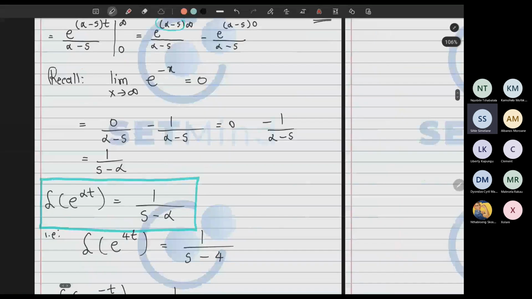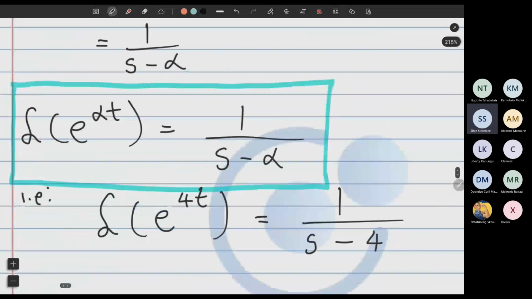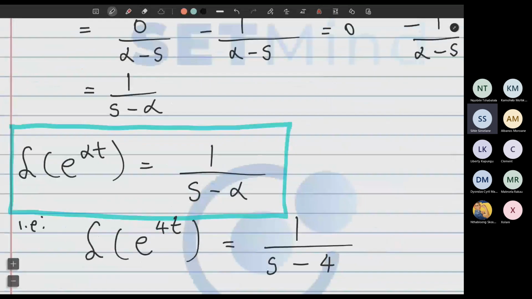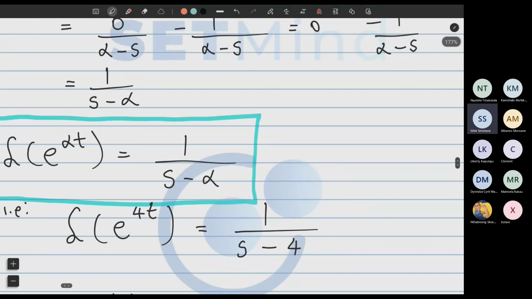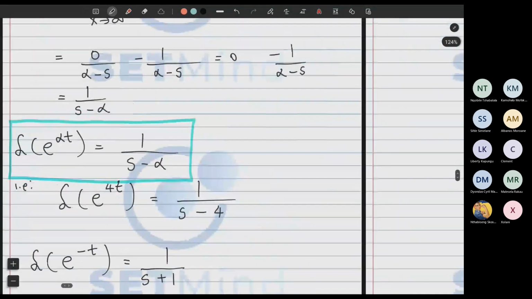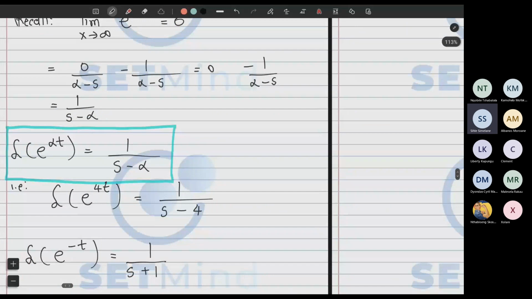So here's the takeaway. This is the first Laplace transform equation, which you should know by heart: the Laplace transform of e to the alpha t is 1 over s minus alpha. This you should know, the same way you know a lot of things. There are many equations which we can derive, but we are not going to spend time deriving them because you need to know them by heart.